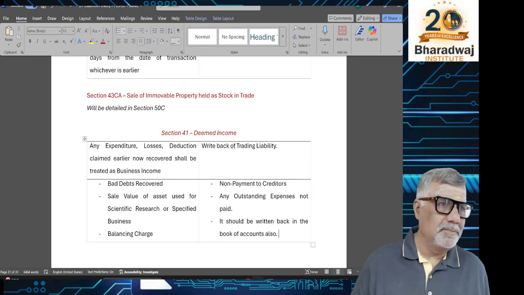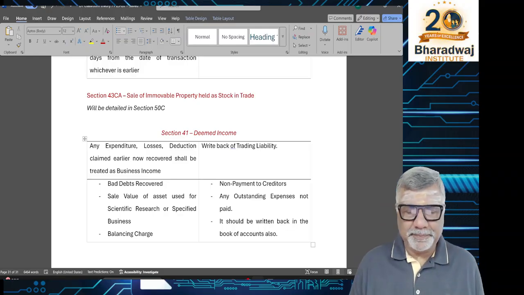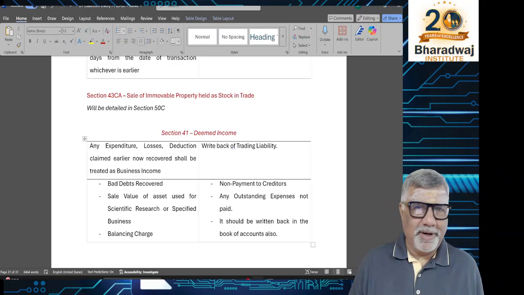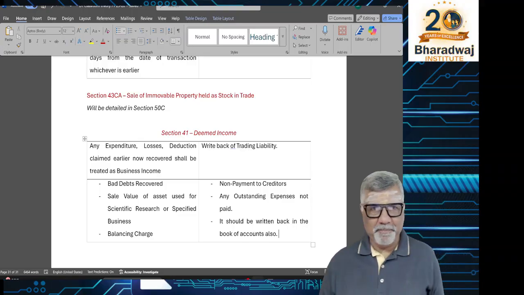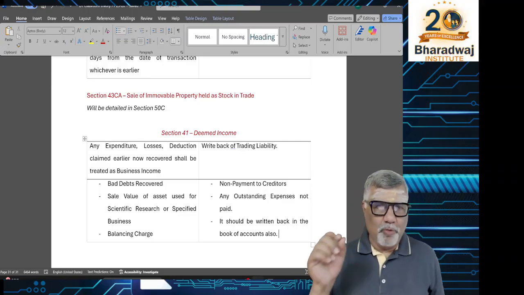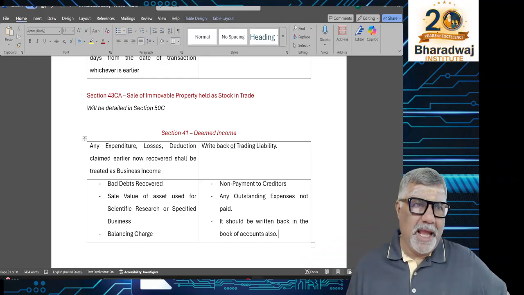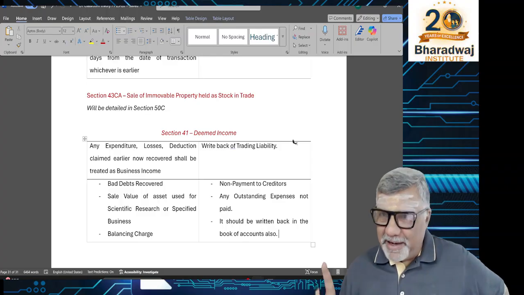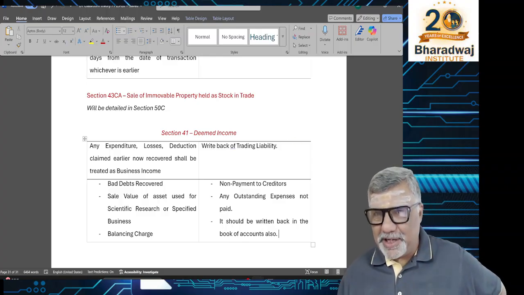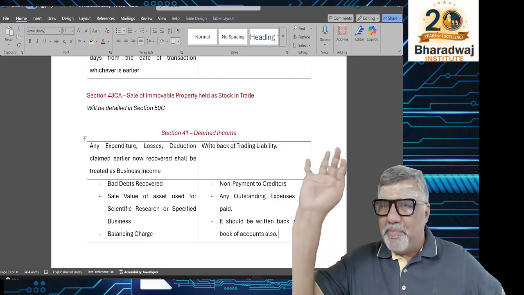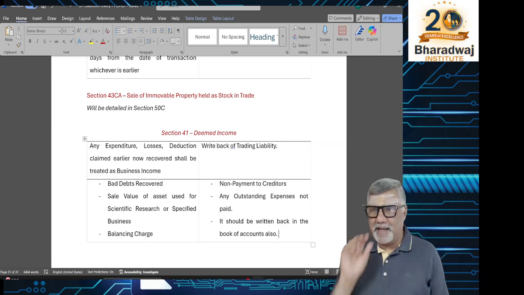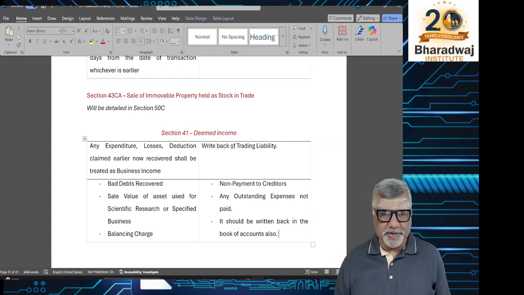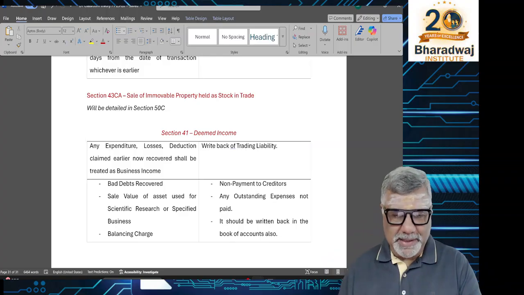Am I clear? Okay. So remember, write back of trading liability. So what is section 41? Any expenditure, losses, deduction claimed earlier now recovered, and any trading liability which was written back shall be deemed to be business income. That is why it's a deemed provision, deemed to be business income.